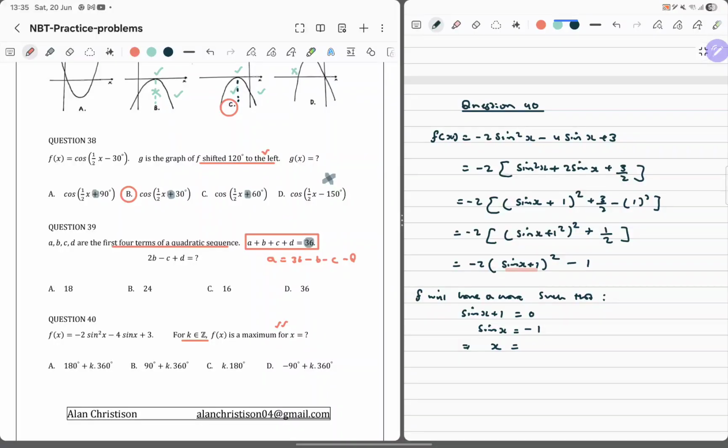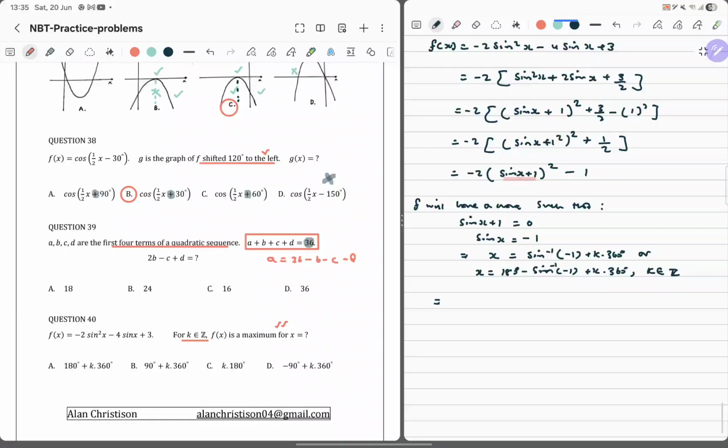x is equal to, so this is a general solution thing, x is going to be the arc sine of minus 1 plus k 360, or x is going to be 180 degrees minus the arc sine of minus 1, where k is an element of integers.